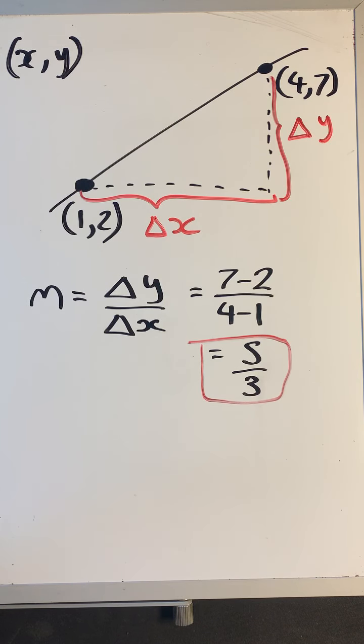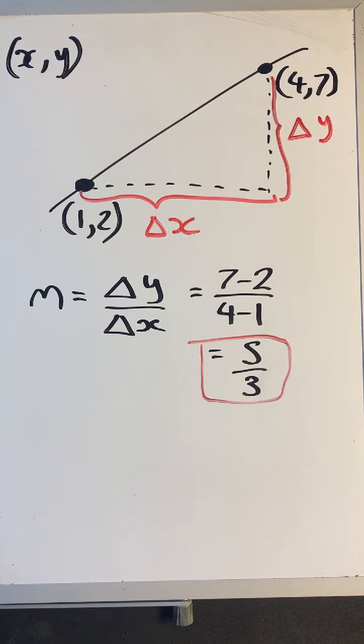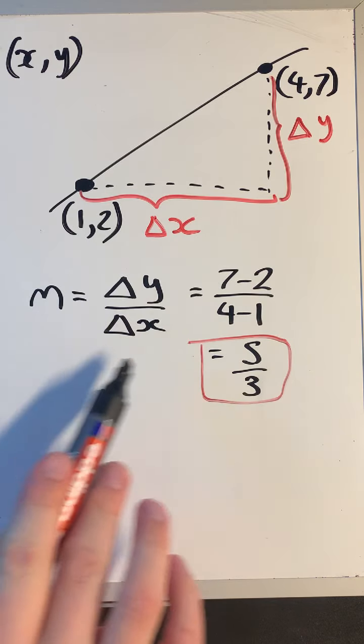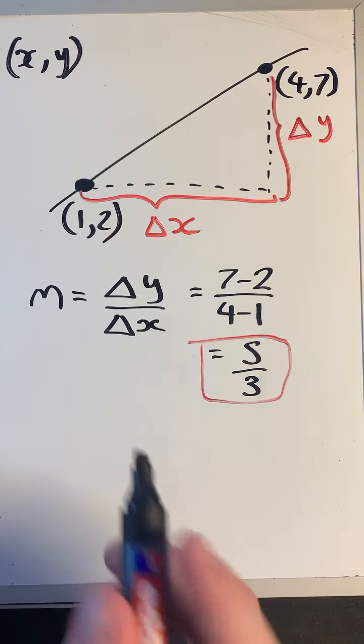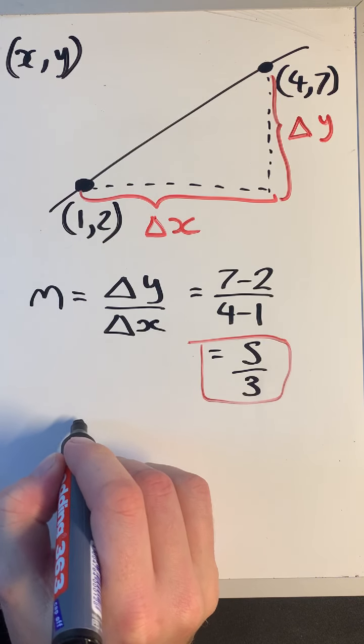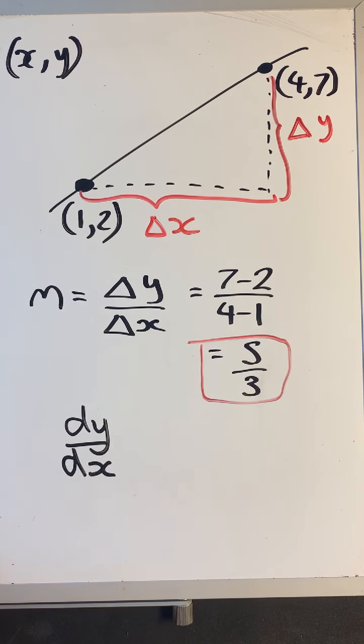So what we've actually got here, this delta y over delta x, is what we call a derivative. You don't tend to write derivatives down like this, delta y, delta x. You tend to use this notation here, dy dx.